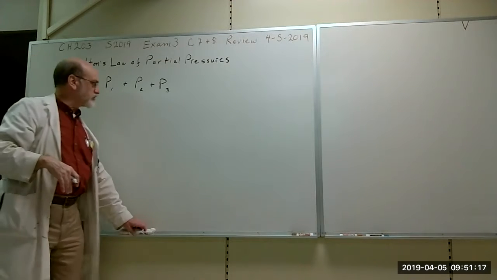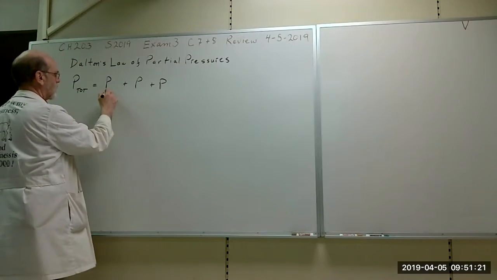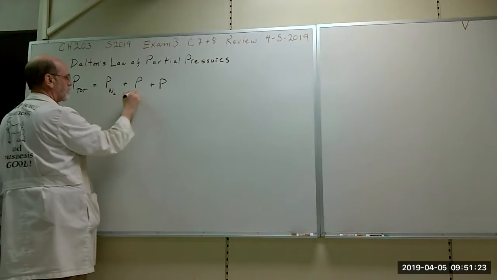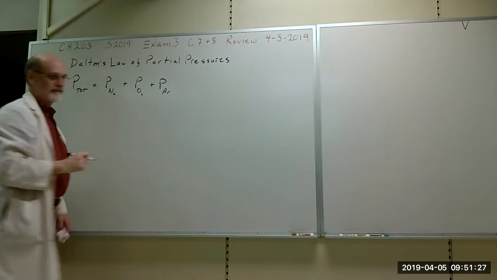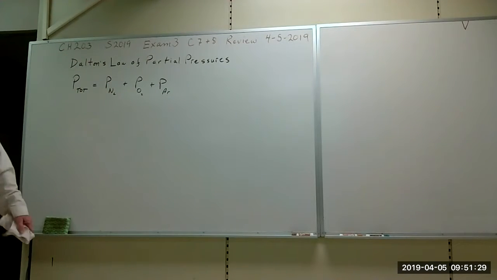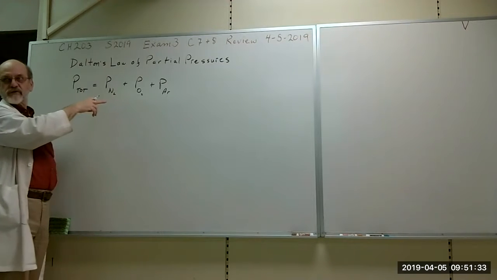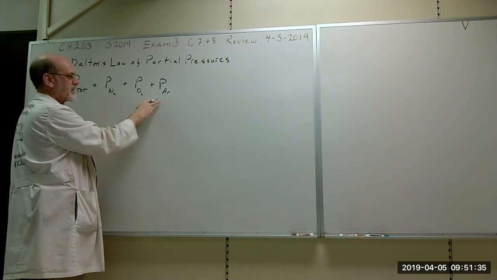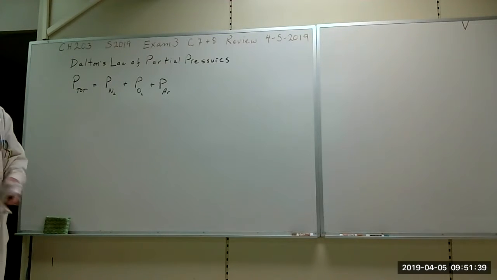Let's say you have a mixture of nitrogen, oxygen, and argon, air that you breathe, right? So this one is 79%, this one's 20%, and that's about 1%. Right? And then you have minor gases in there, but they're almost insignificant.